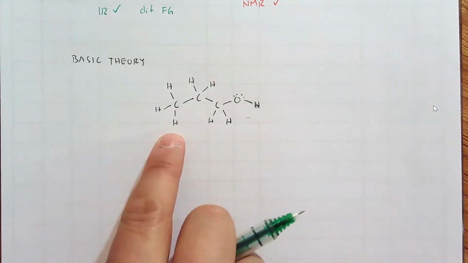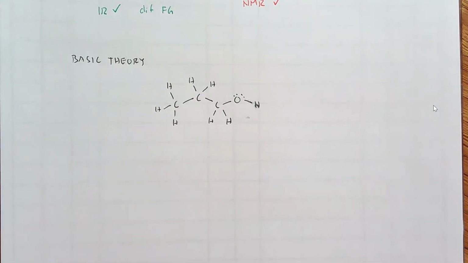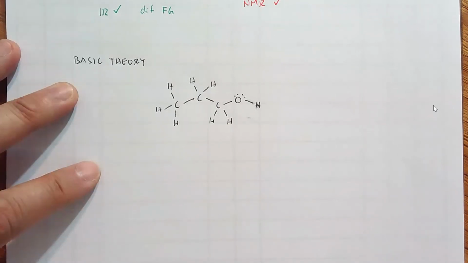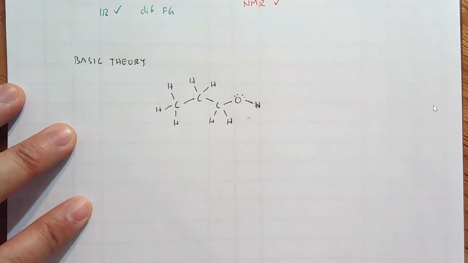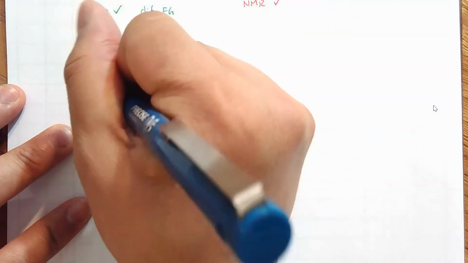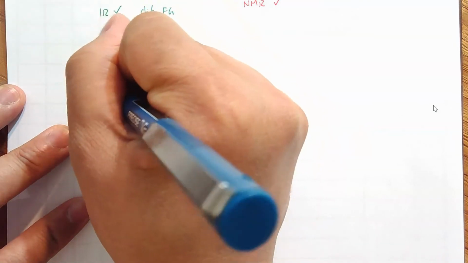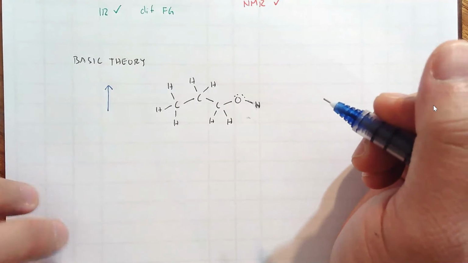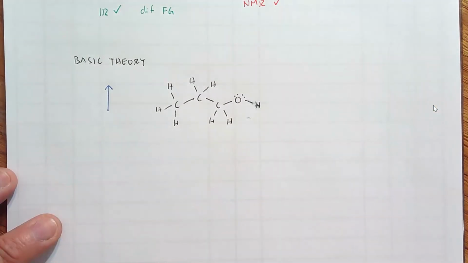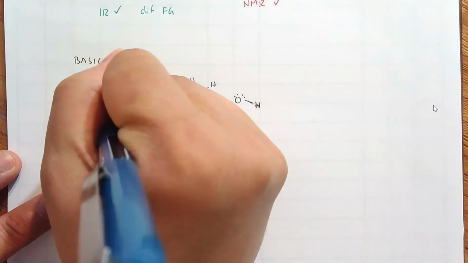Each of these hydrogens has a proton that can spin. When that proton spins, it creates a mini magnetic field. The idea of the NMR experiment, and I'll go over NMR, the abbreviation, nuclear magnetic resonance, in just a bit: we have an external magnetic field.